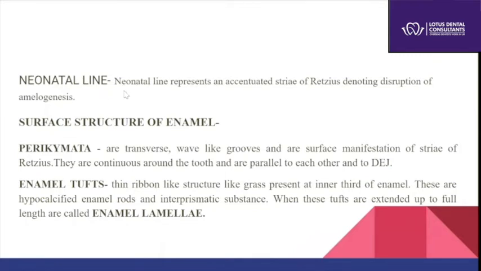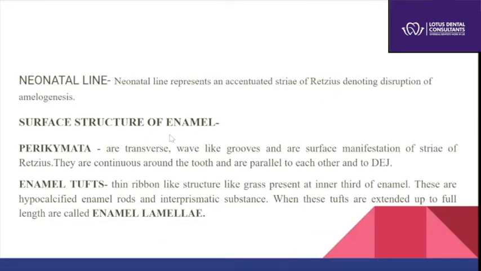I forgot. So neonatal lines basically represent that when the enamel was forming, there was some disruption. So it was not laid down continuously in layers. That is why it gives the accentuated, meaning more dominant, striae of ridges when you see it in the tooth.